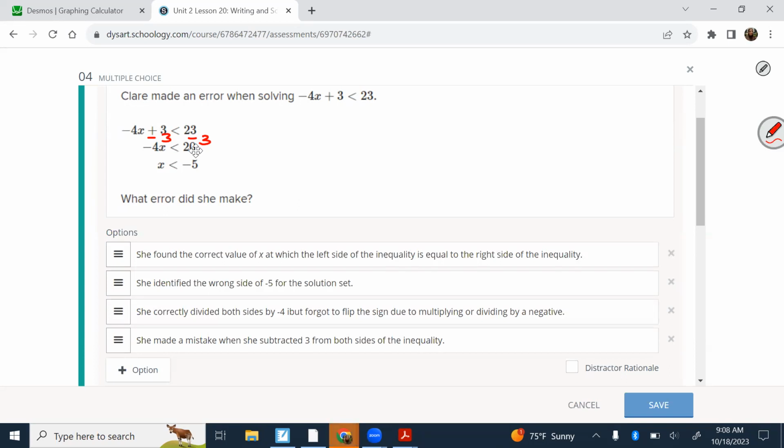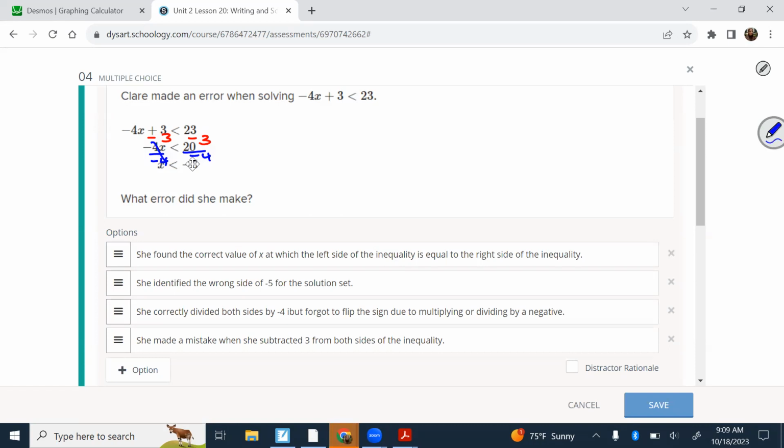Now to isolate the x here, what's opposite of multiplying by -4? So we're going to divide on each side. Whatever you do on one side, you do to the other. And 20 divided by -4 is -5. But what's the only difference between inequalities and equations when it comes to solving?